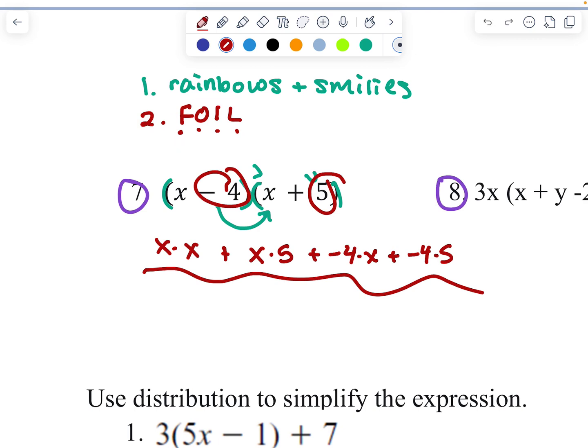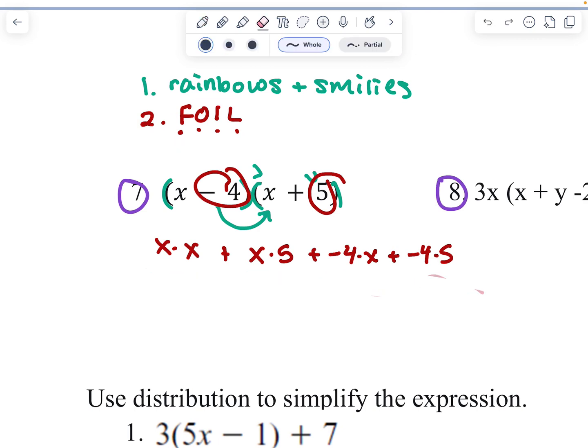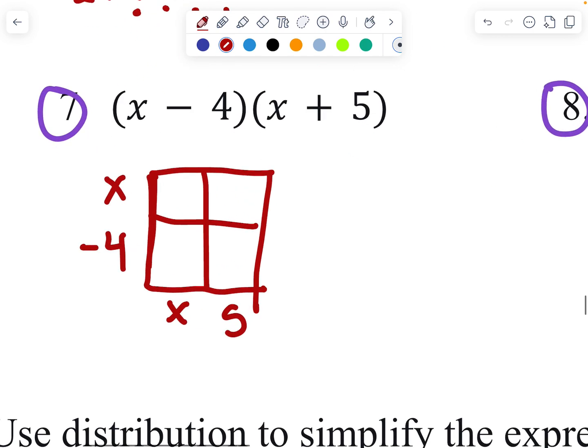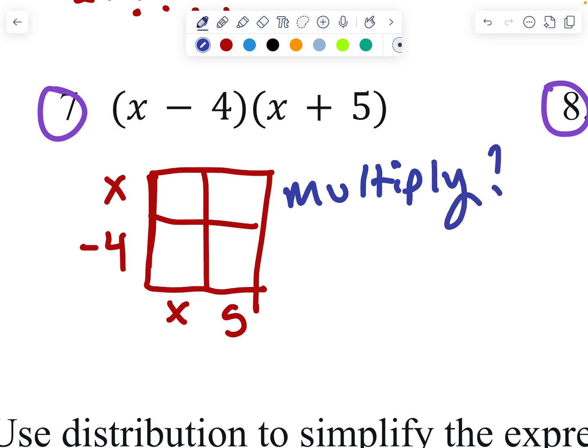That's FOIL. And then the way I have taught you guys this year has been putting them outside of a box. That is an awful box, sorry. And multiplying. So we have X minus 4 on one side, X plus 5 on the other, and we are going to multiply, just like we would with rainbows and smileys or FOIL.